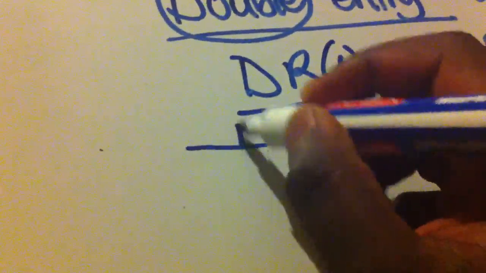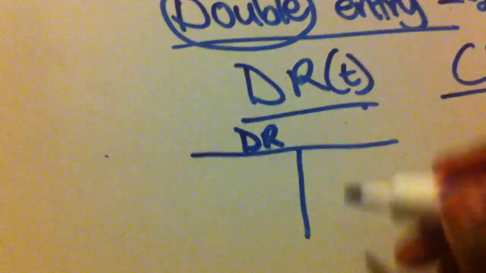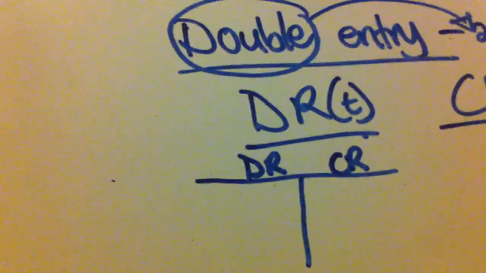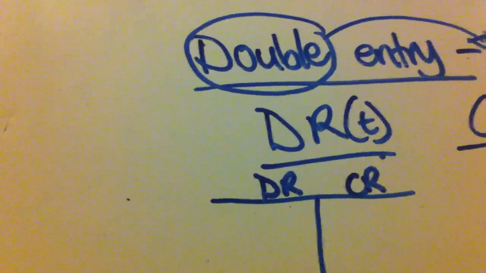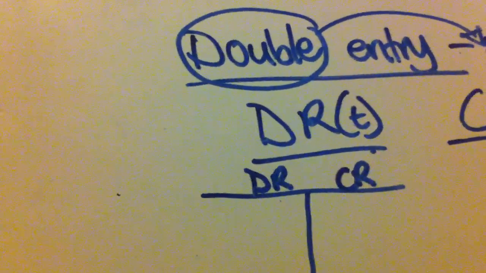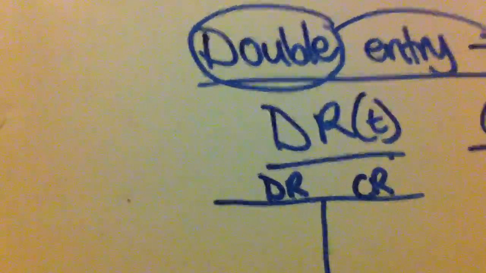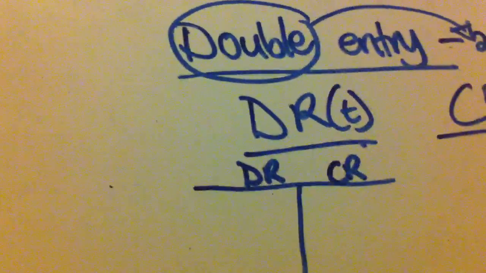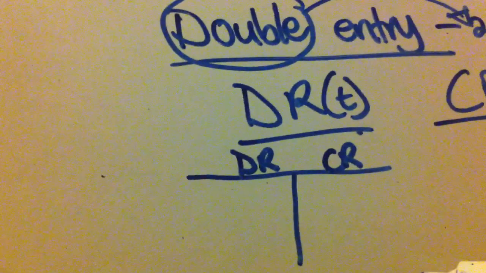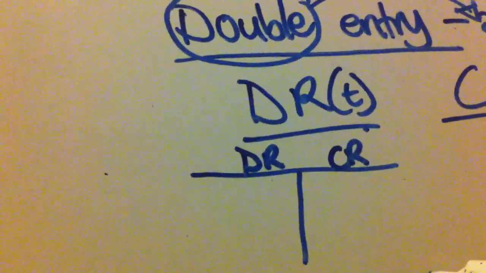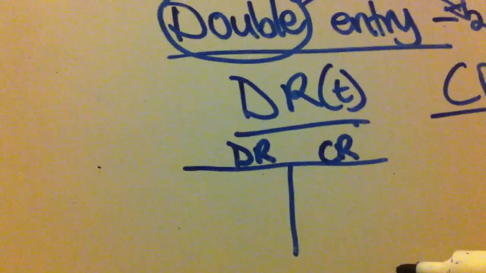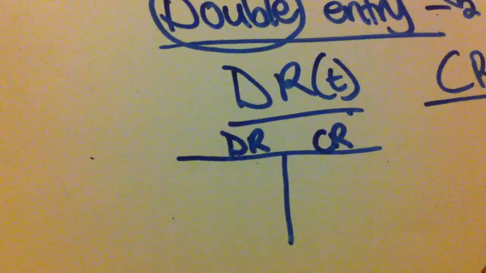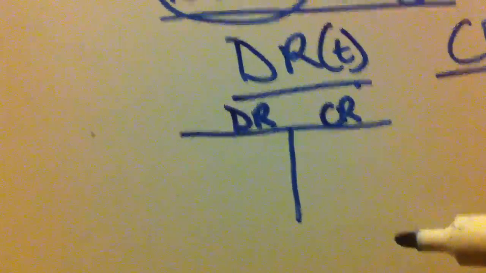A left side is the debit side, a right side is the credit side. There isn't any rocket science, though people will try to define debit and credit in some weird ways. In proper accounting, debit is the left side of the T account, and credit is the right side of your T account.